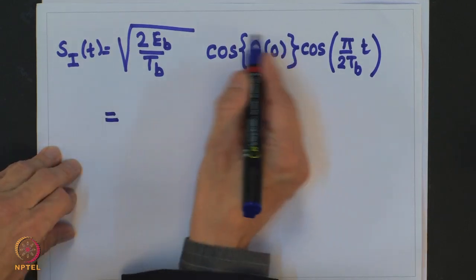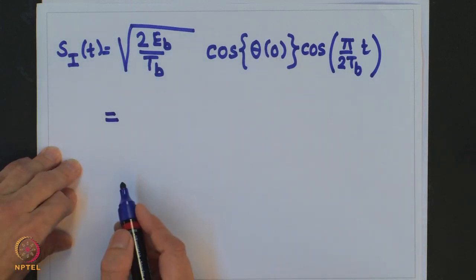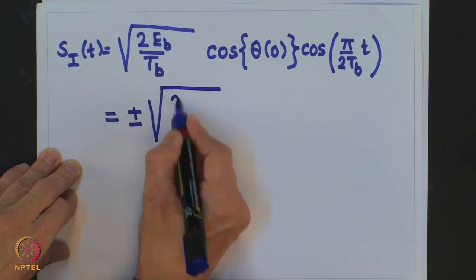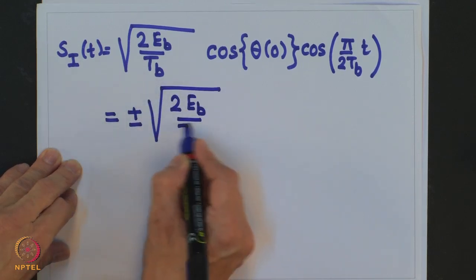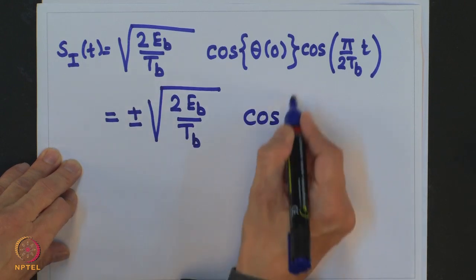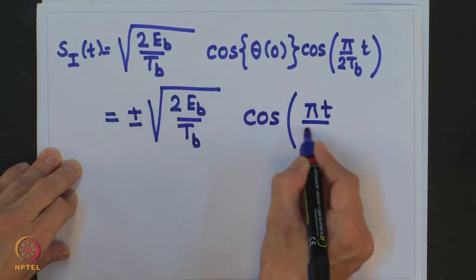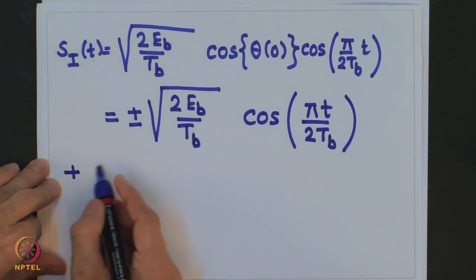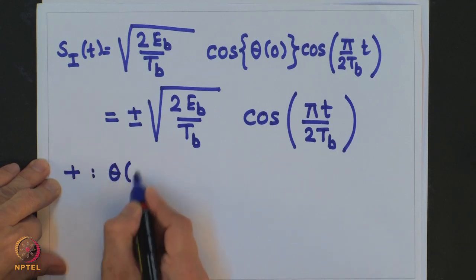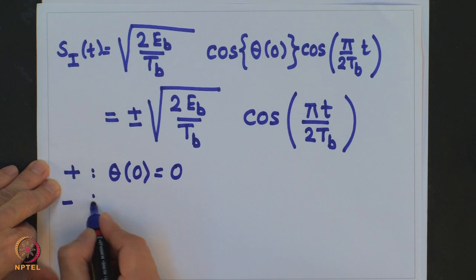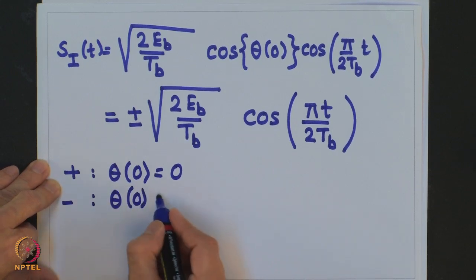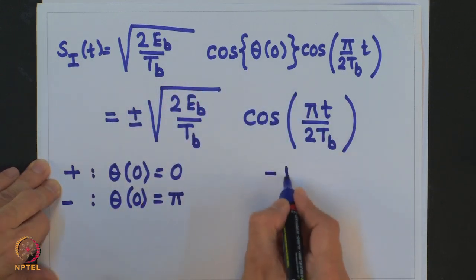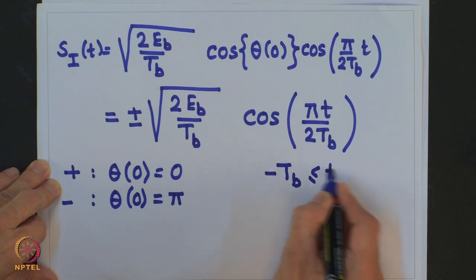So, depending on what is theta(0), 0 or pi, what I am going to get here is plus minus root 2 Eb by Tb cos of pi t by 2Tb. So, I will get plus sign when theta(0) is equal to 0 and minus sign when theta(0) is equal to pi. And remember, this s_I(t) is going to be valid over this interval.